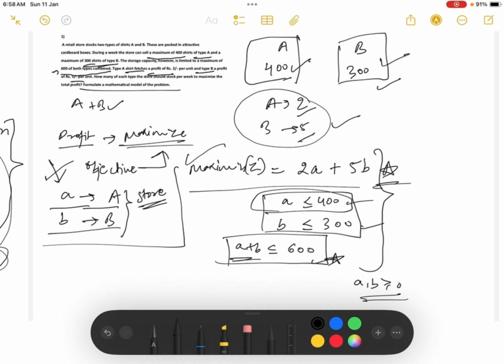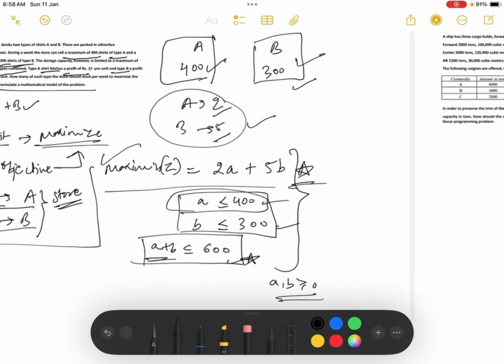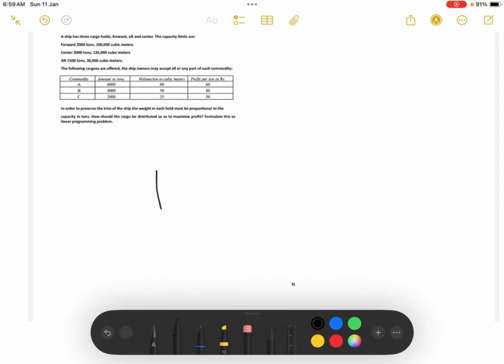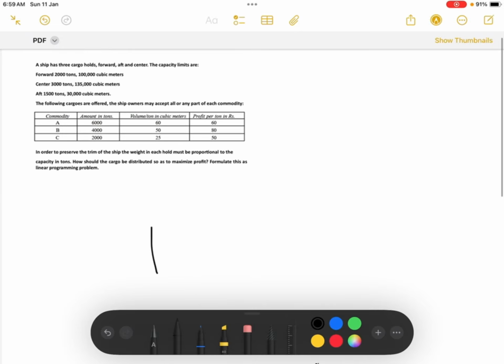So after that, let us move ahead and go to the next problem. Let us read this problem now and try to understand what is happening here. A ship has three cargo holds: forward, after, and center. The capacity limits are: forward 2000 tons and the space which it is having 100,000 cubic meters. Similarly, for center it is given and for after also.